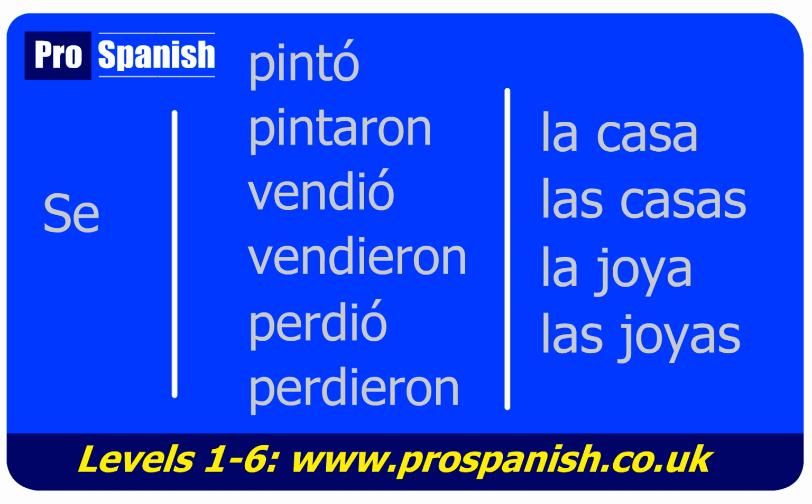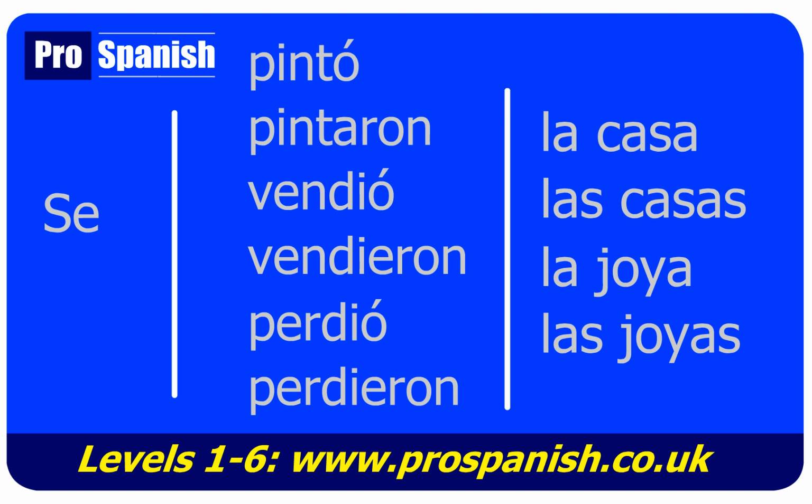It's going to be se vendieron, they were sold. Let's also have perdió, lost. Perdieron, they lost. So we'll have it was lost and they were lost. And so we've got la casa, las casas. Let's have la joya and las joyas. So the jewel or gem, and the plural jewels, or gems.